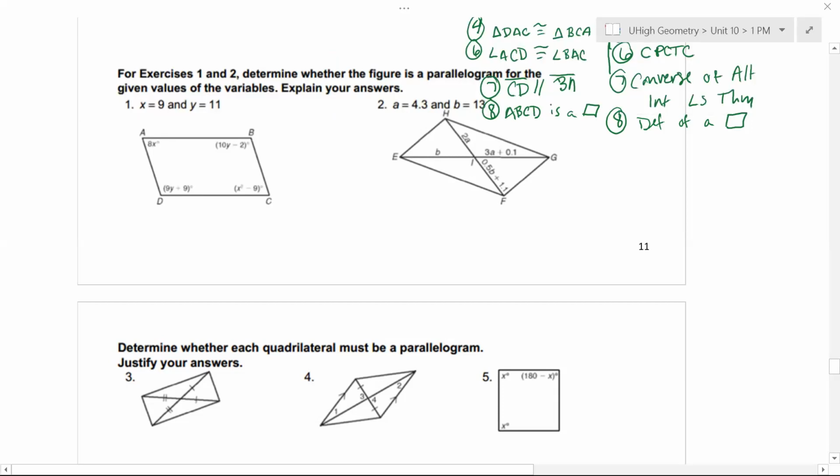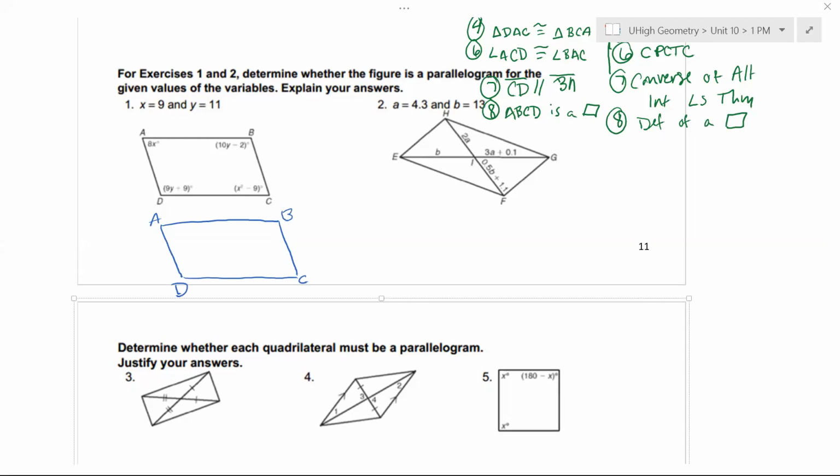Okay, so number 1, we are given a parallelogram with different angles. So we have A, B, C, D, and we are given that x equals 9 and y equals 11. So what I'm going to do is redraw that parallelogram A, B, C, D below so that I can solve for these angle measures and write them in.